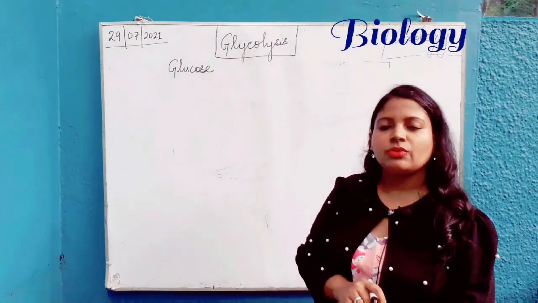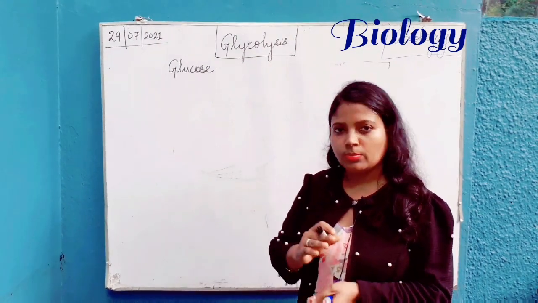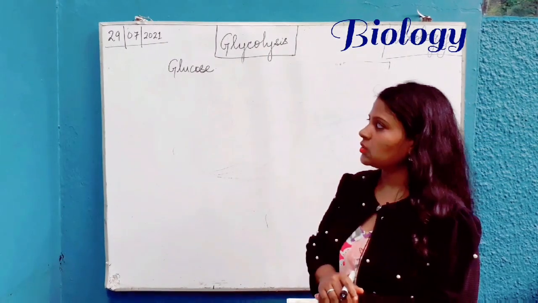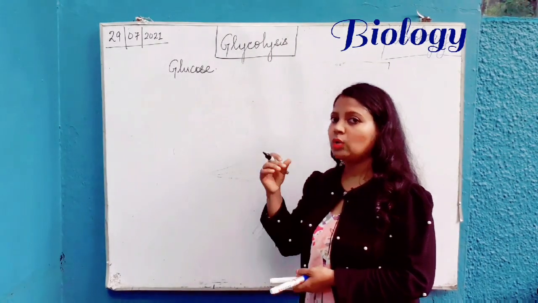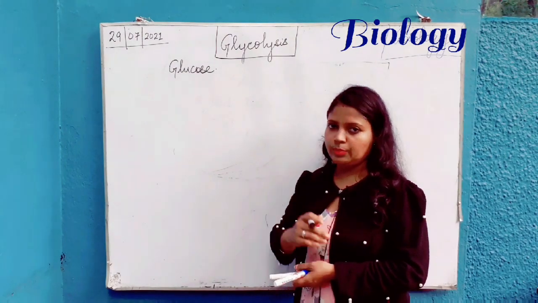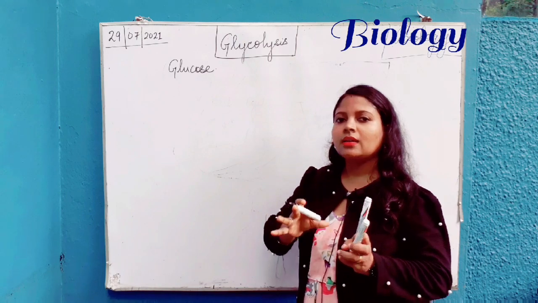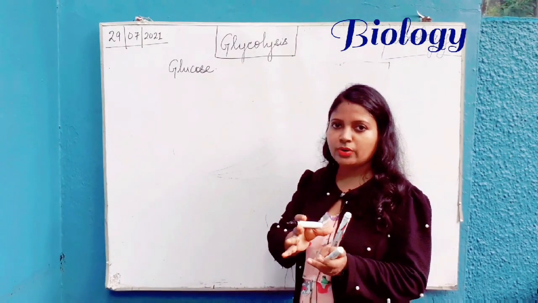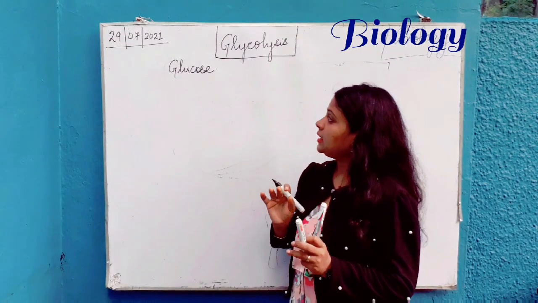For any business, when you invest some money, then you get more money. In the same way here, to produce more energy, I am going to invest ATP. As you have studied the ATP cycle, how the energy has been produced and how the energy has been stored in the form of ATP.